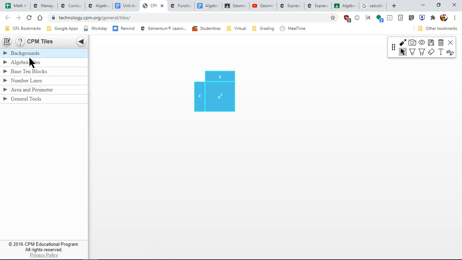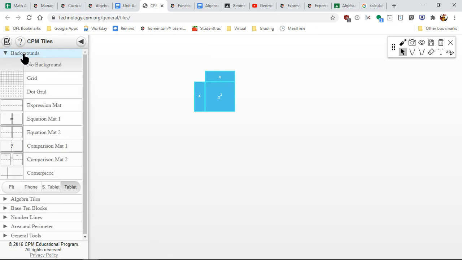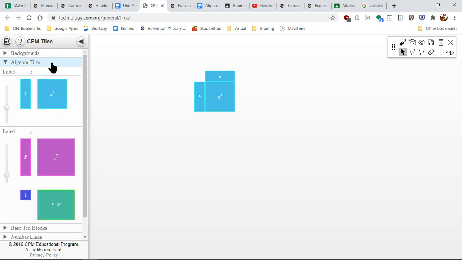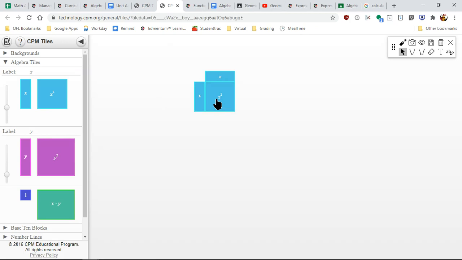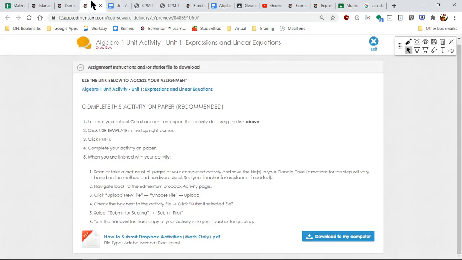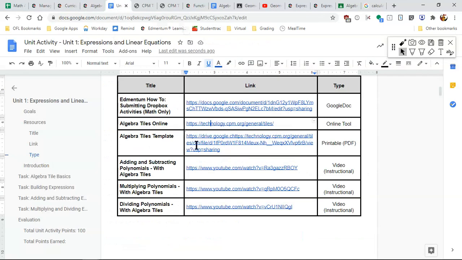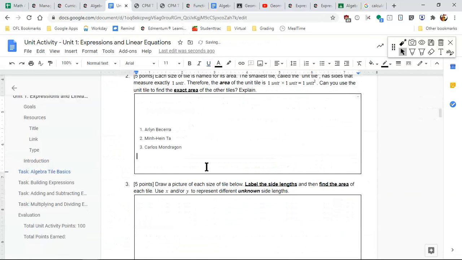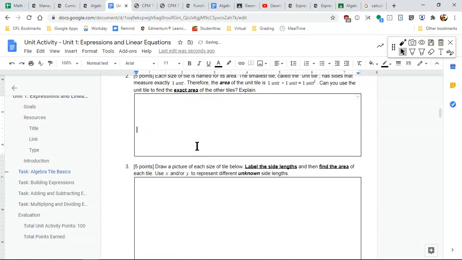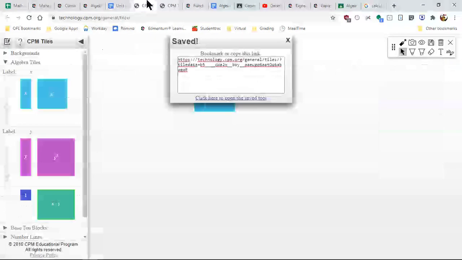You can take a picture with your phone, or I think there's a way to save the picture here. Someone showed me last time, and now I forgot how to do it. Oh, here you go. You can click save. This can save the picture, and then you can just paste it onto here. Oops, that's not it. What happened there?